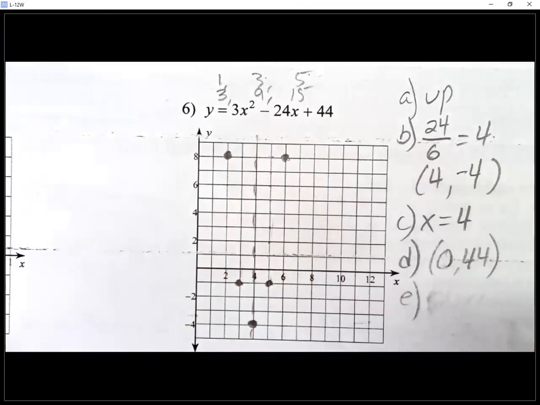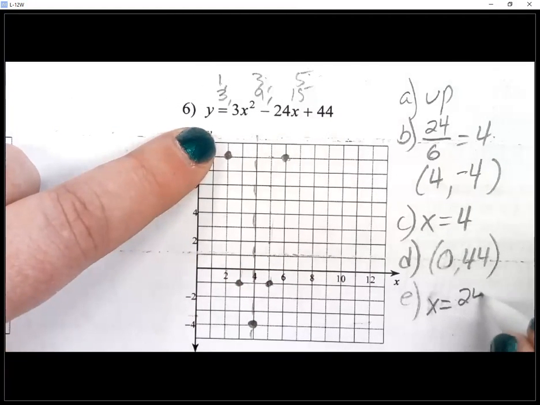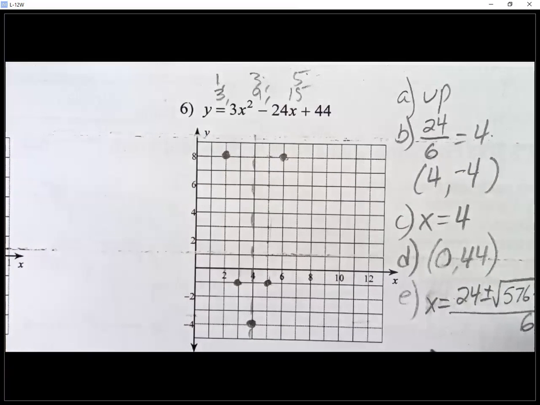So if I'm going to solve this with quad formula, let's see. -b plus or minus the big old square root, 24 squared is 576, minus 4 times A, which is 3, times C, which is 44, all over 2A. That's 528.